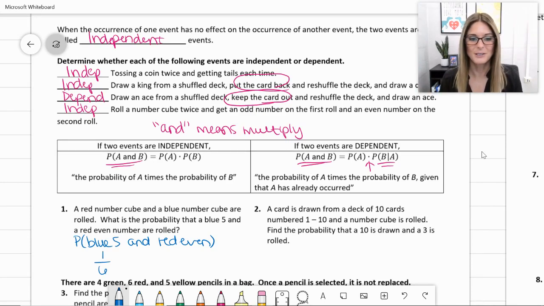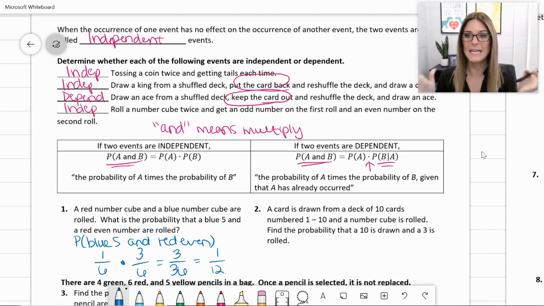And I want something else to occur together, so I'm going to multiply that with the probability of rolling an even on that red number cube. There are 2, 4, and 6, 3 options out of the 6 sides. Multiplying these together, we get 3 over 36, or simplify to 1/12.